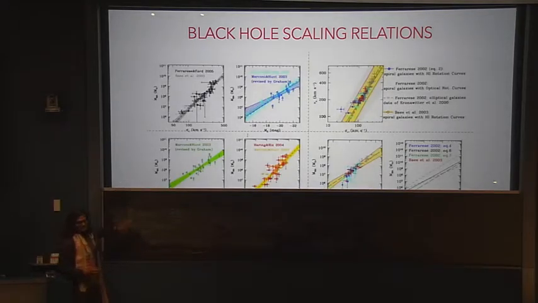I keep stressing the size scales because that is kind of key in the kind of modeling that we're doing, coupling scales, right? So for a black hole, we can define another scale outside the Schwarzschild radius, obviously much outside, which is the region of influence, which is GM_BH over sigma squared, where sigma is the velocity dispersion of the inner regions, the bulge of a galaxy, if you will.